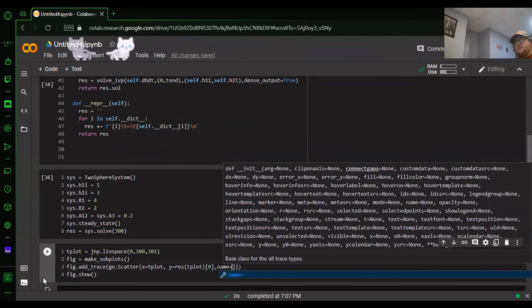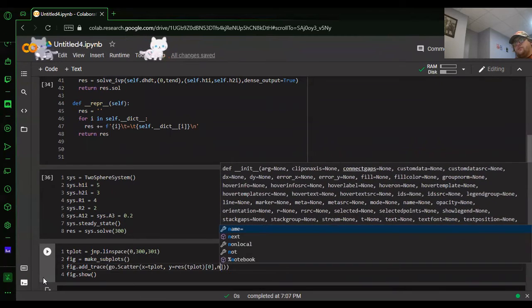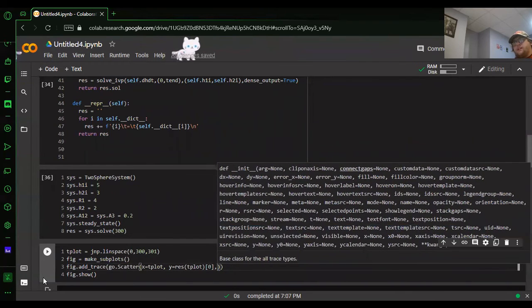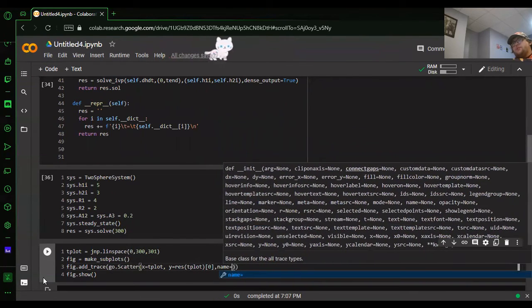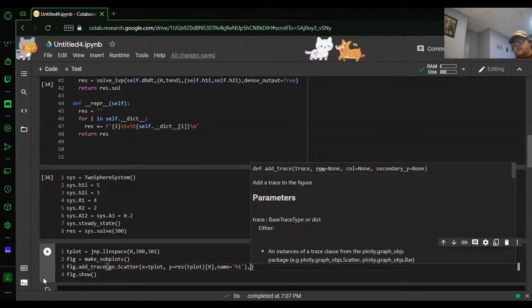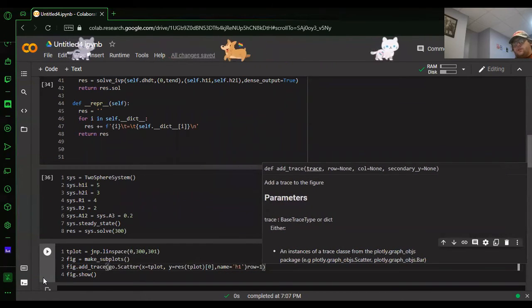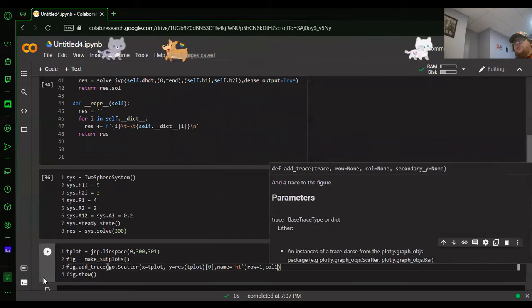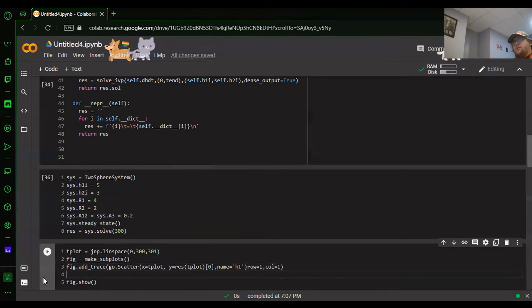Then we're going to call this line h1. And do row 1, column equal 1. Got a comma there.